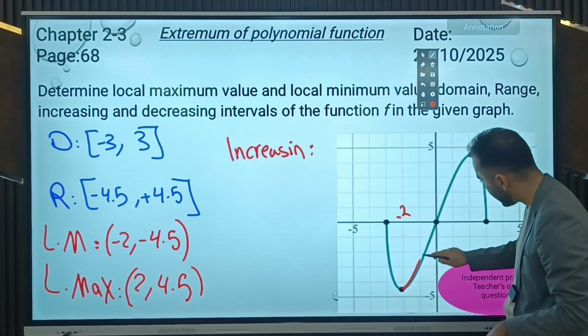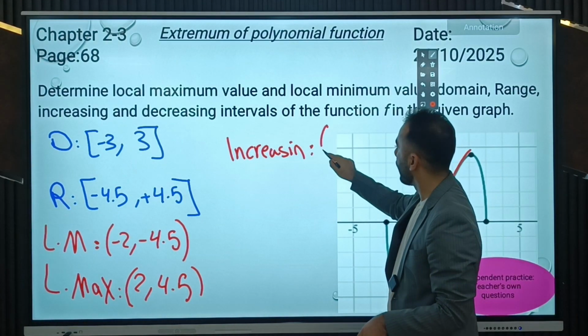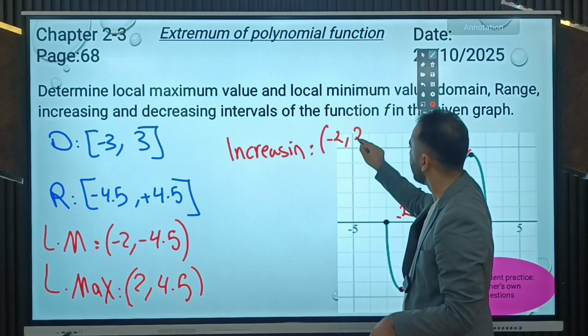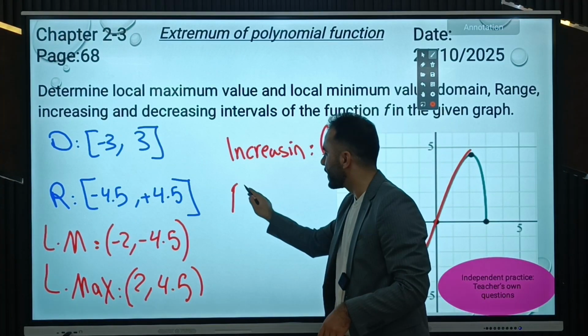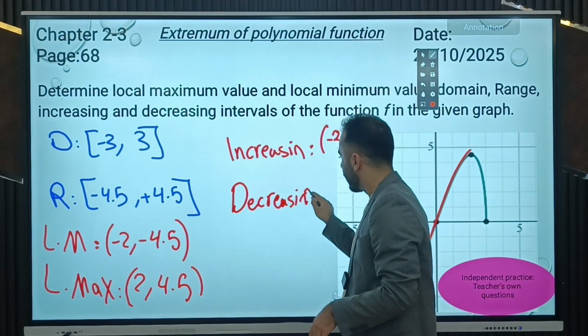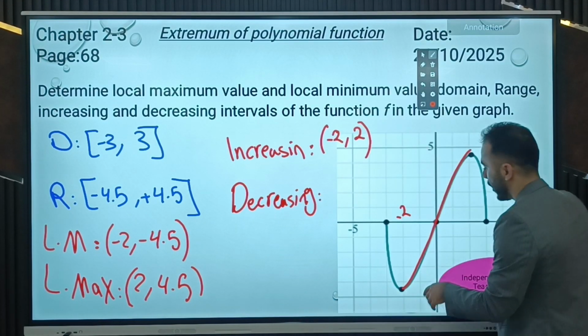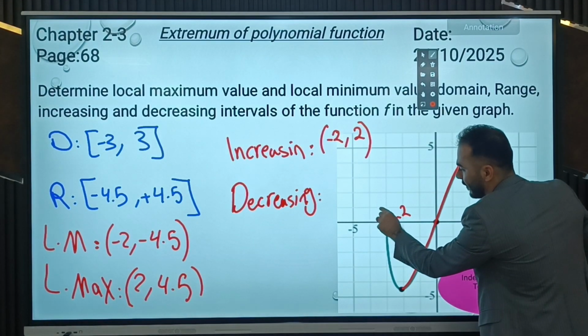So from negative 2 until positive 2, it's increasing. And for the decreasing interval, we have got two intervals. From negative 3 until negative 2, the graph is decreasing.